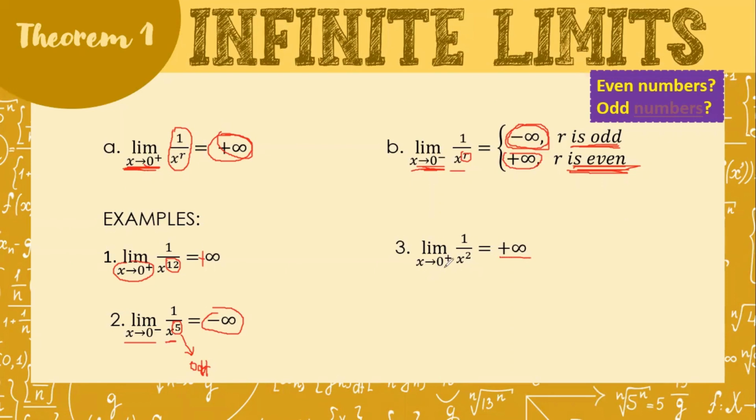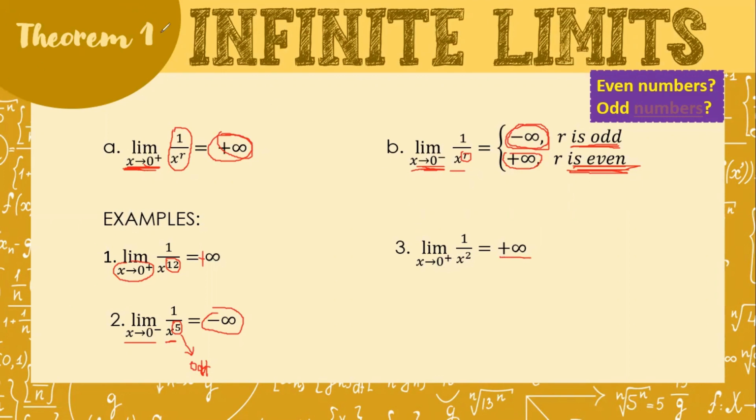Again, do not be confused. Regardless of whether the exponent is odd or even, if the approach is 0 plus, or to the right, automatically the result of your limit is positive infinity. That's for theorem 1.